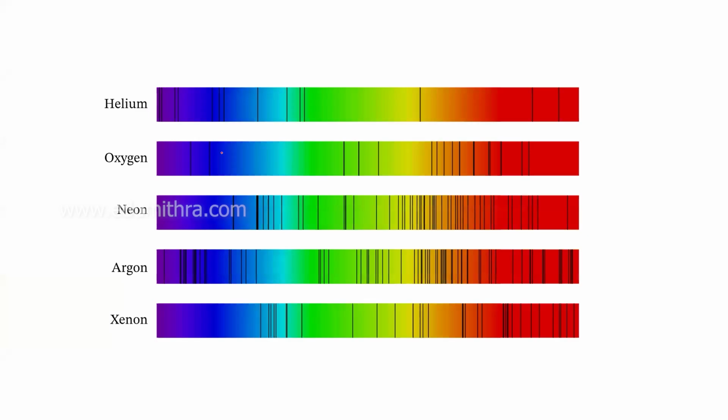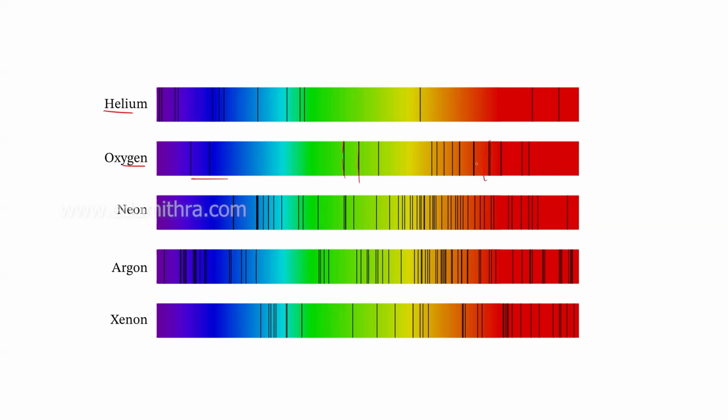Here is a diagram of the different fingerprints of the gases. Helium will make a pattern like this, and oxygen will make another. At a single glance, you may think that these are just some lines, that's all. But wherever there is oxygen, it will make only a pattern like this: two lines at this much distance, then after a certain distance the next will be there, then two close lines like this.